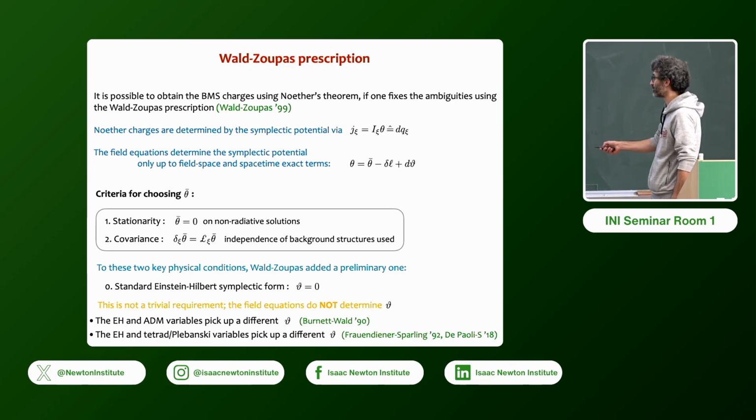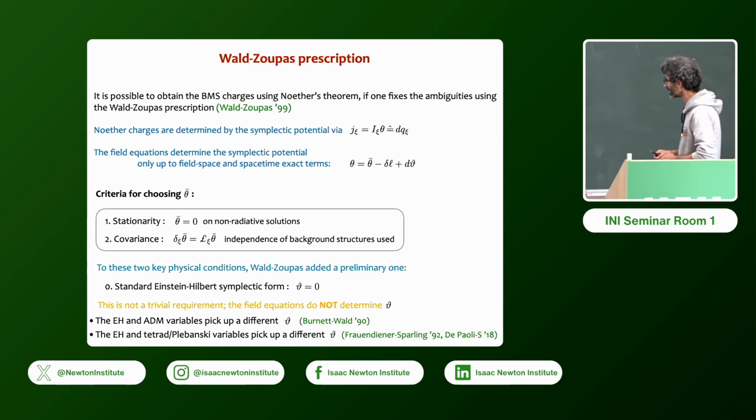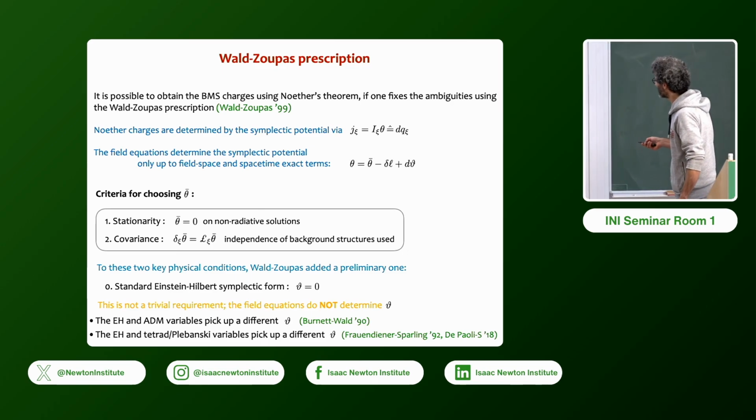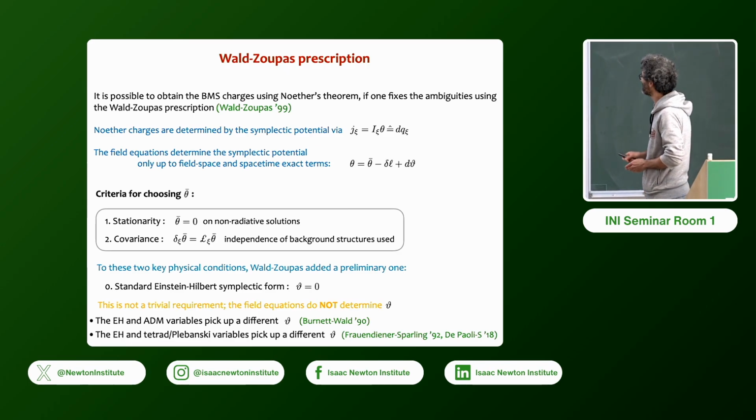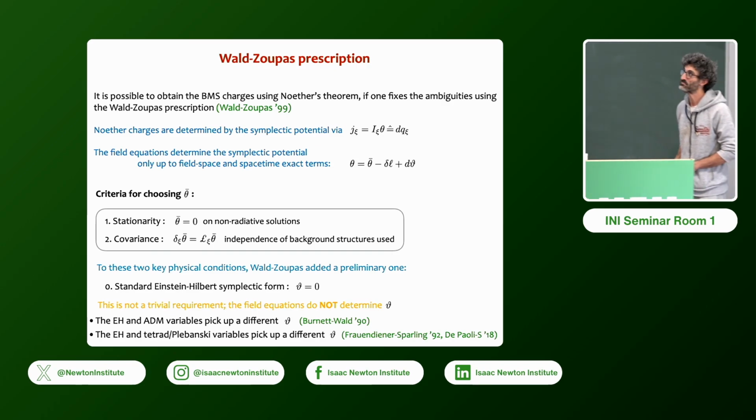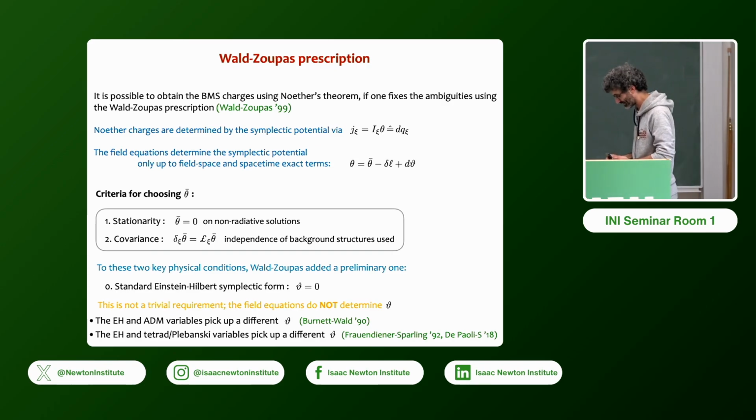Wald himself knew that the Einstein-Hilbert and ADM variables give symplectic structures which are different. They differ by a non-trivial var theta. I thought I had also pointed out the difference between Plebanski and metric, but Jorg earlier in the week showed me a paper he wrote in '92 with George, in which they already had pointed out this difference, maybe not in the most general case.